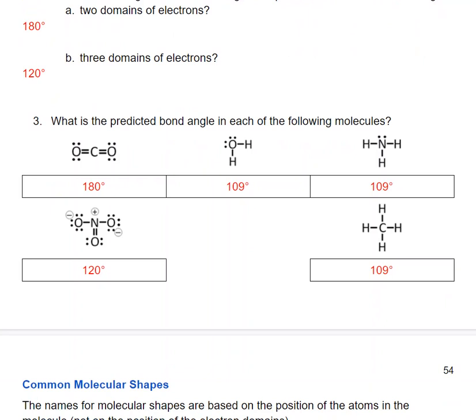The predicted bond angle for these molecules, again, just based on the total number of bonding and non-bonding pairs, is 180 for carbon dioxide, 109 for oxygen in water, as well as in methane and ammonia. And in our nitrate ion, it's going to be around 120.